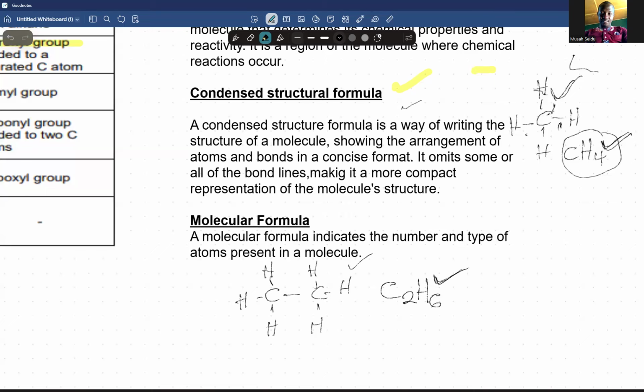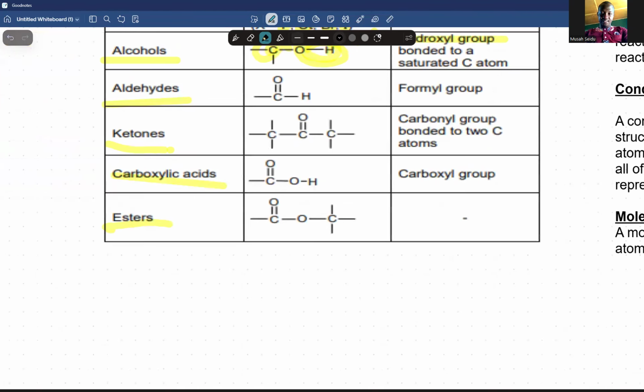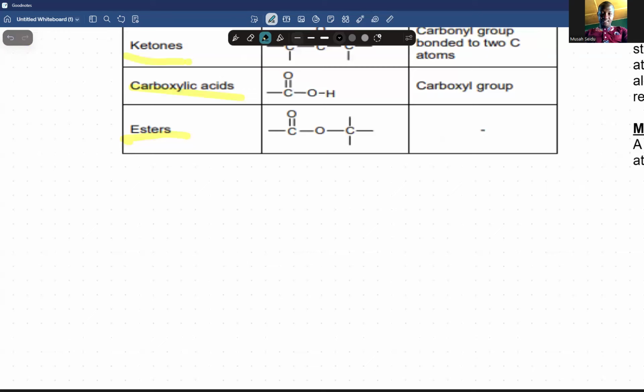So now we are going to move on to look at how we identify our organic molecules. We're going to start with alkanes. For alkanes, for us to know that this is an alkane, we first of all have to look at the functional group.